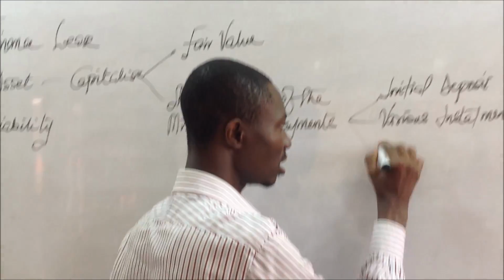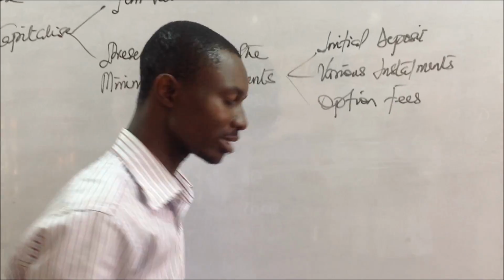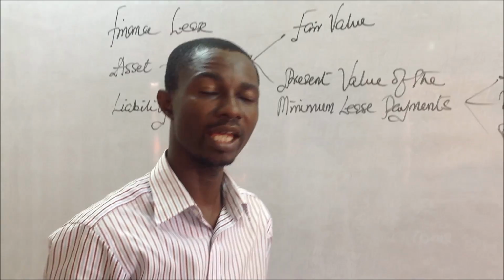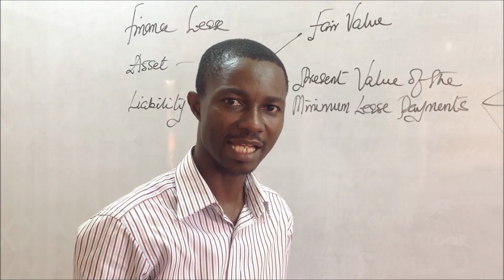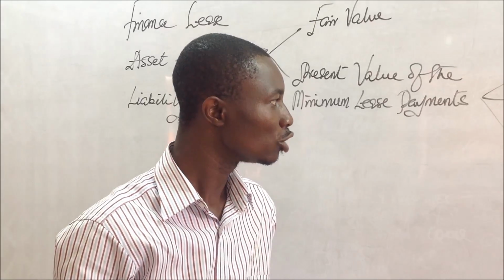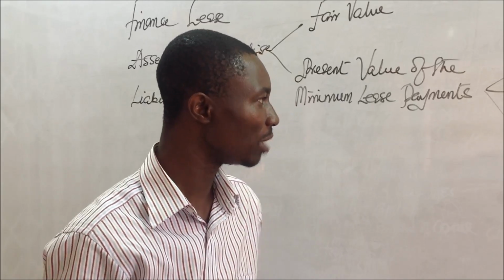It includes what we sometimes call option fees. You know, sometimes it happens that the lessee would exercise an option to own the assets at the end of the lease agreement. So how much is he paying to own the assets at the end of the lease agreement?